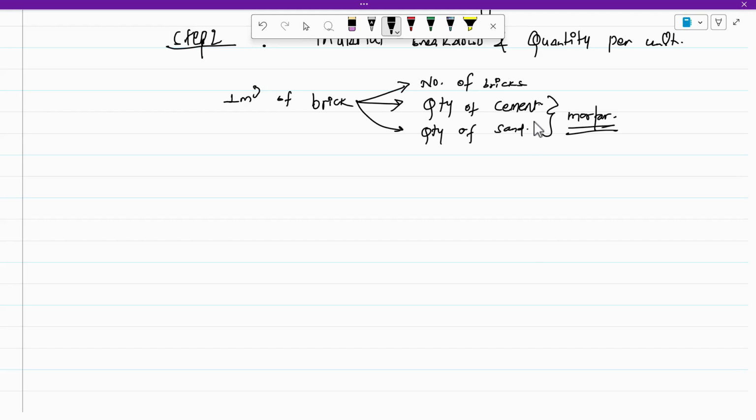Okay, so this is for the brick, and for the concrete the materials will be cement, sand, aggregate, and sometimes some chemicals. Okay, and also water. So you need these quantities per unit quantity of that item, and this is called material breakdown.